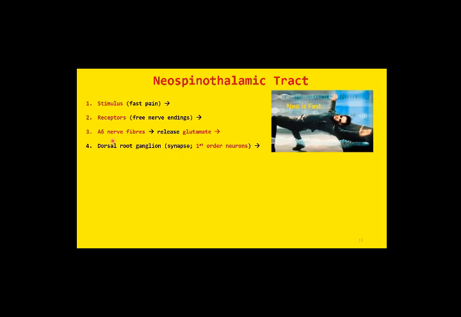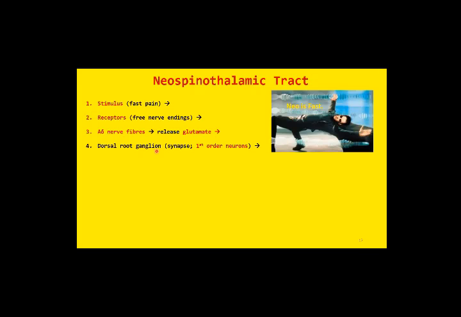Then the signal will be transmitted to the dorsal root ganglion or the spinal ganglion. Here the nerve fibers will make a synapse, and the axons arising from the dorsal root ganglion are known as the first order neurons. This is the first synapse, hence these are known as the first order neurons.